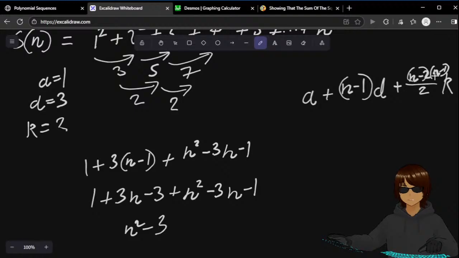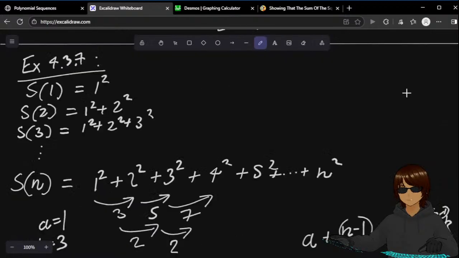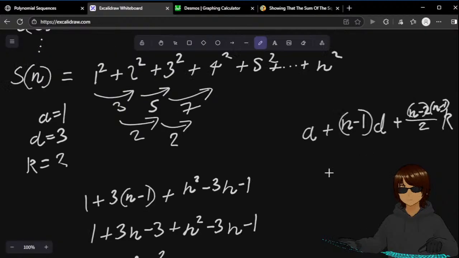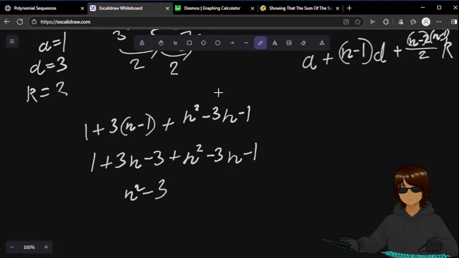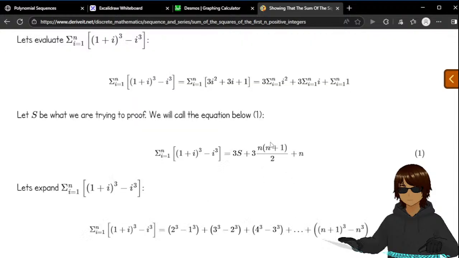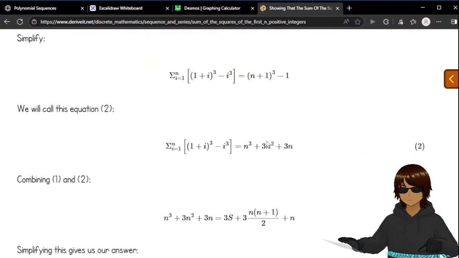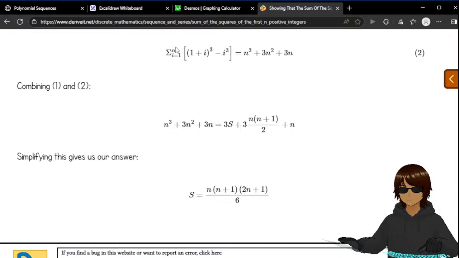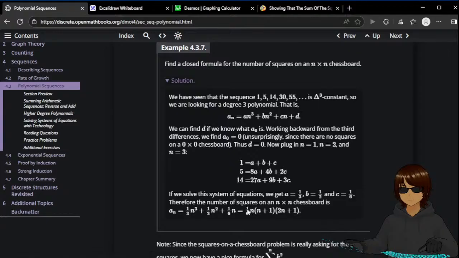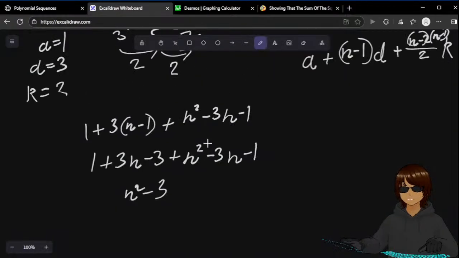So n squared. No, this is correct. Why did I get n squared minus 3?